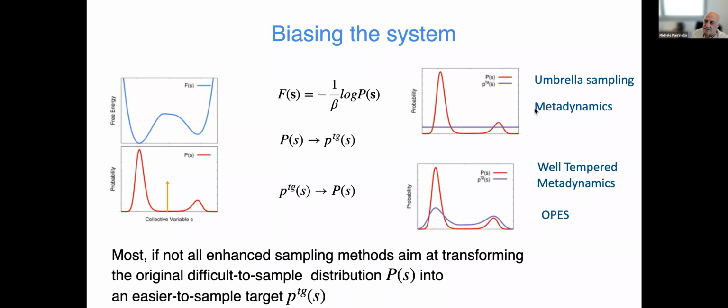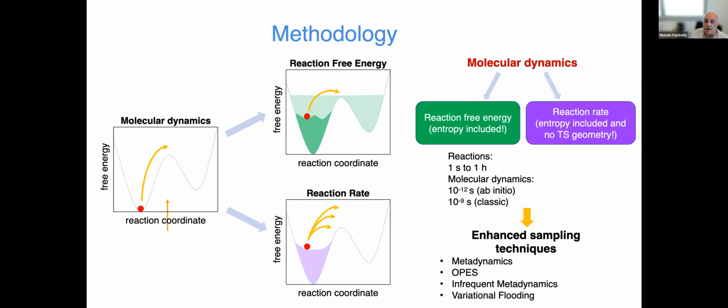And there are various examples of different biasing or acceleration methods that are based on the same concept, where you transform your original distribution into a target one that is easier to sample. And there are very many different ways.